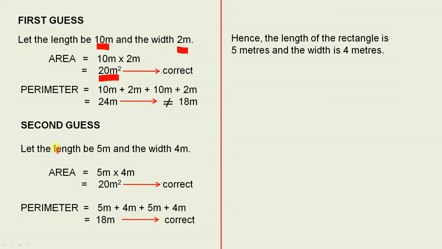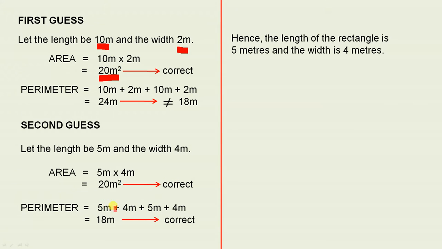Second guess. Let the length be 5 meters and the width be 4 meters. So we have the area is 20 square meters, because 5 meters times 4 meters is 20 square meters. Okay, so that's correct. That's what we were given in the problem.